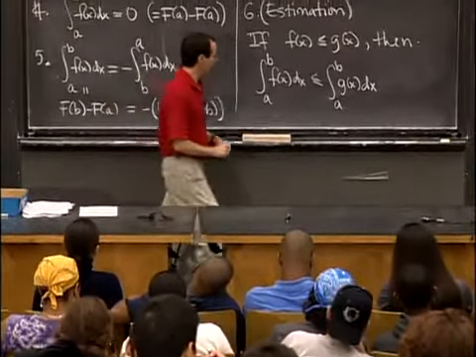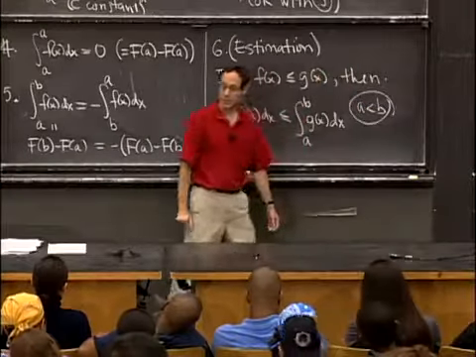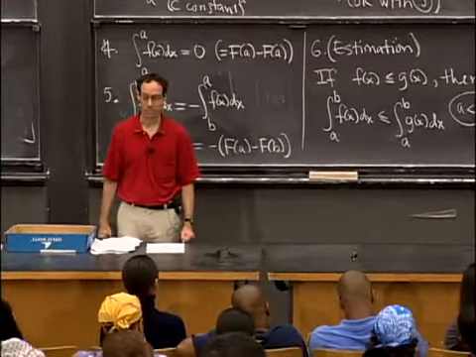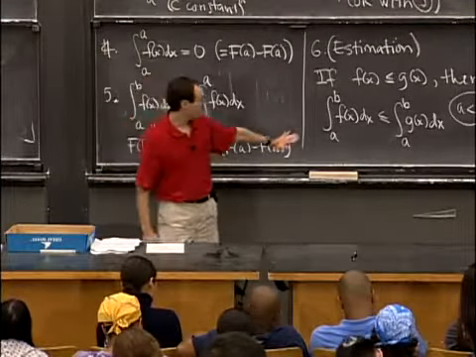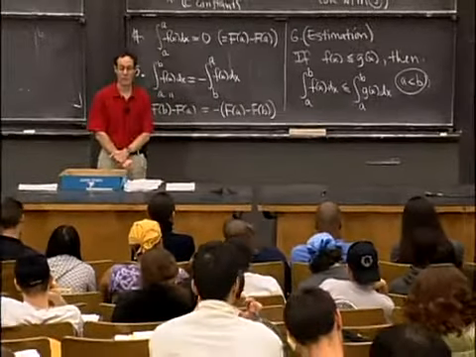For this one, you'd better have a is less than b. You need it, because we flip the signs when we flip the order of a and b. So this one, it's essential that the lower limit be smaller than the upper limit.